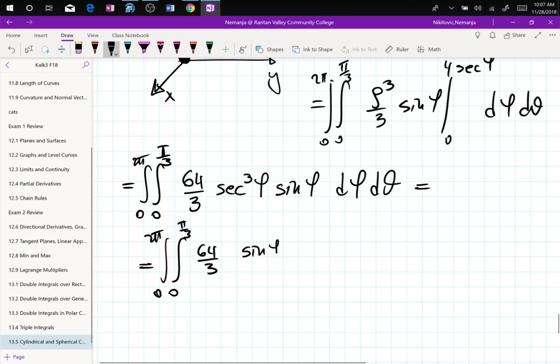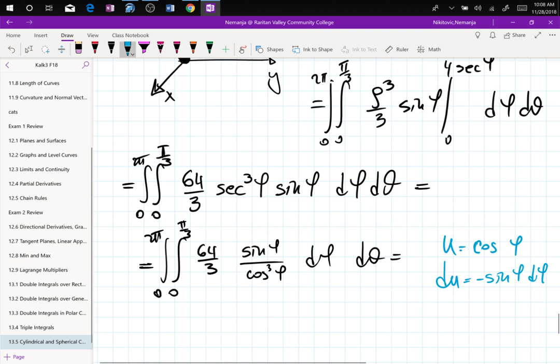This becomes sine phi over cosine cubed phi, d theta. Here in blue, u equals cosine phi, du equals negative sine phi d phi. And there you go.